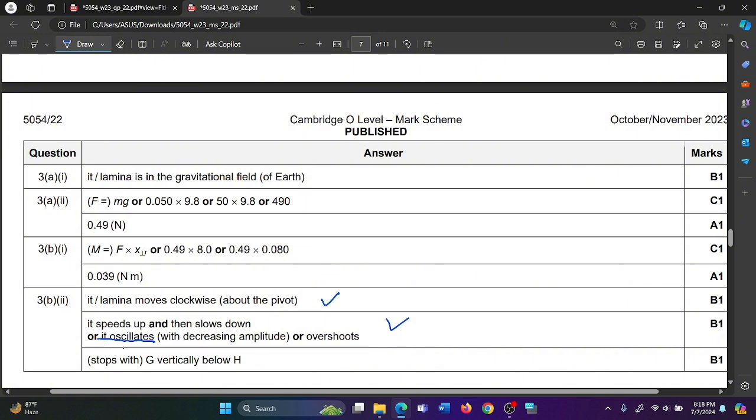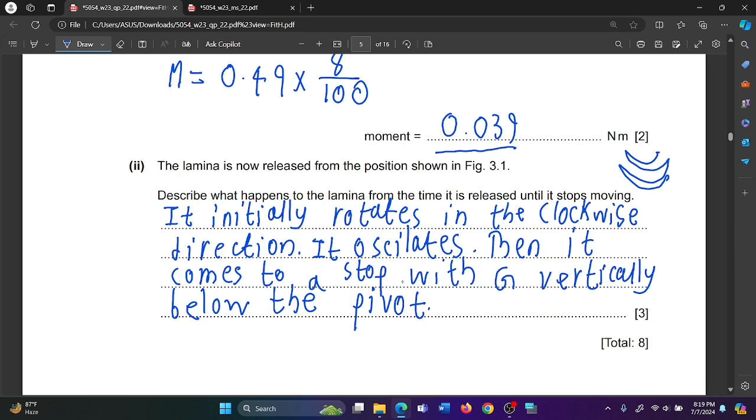For the third mark, we need to write it stops with G vertically below H. H is the pivot. The pivot was indicated by H. Thus, instead of pivot, they wrote H. So it stops with G vertically below pivot. Did we write that? Yes. It comes to a stop with G vertically below the pivot. So we were successful in gaining 3 marks out of 3 in this question.